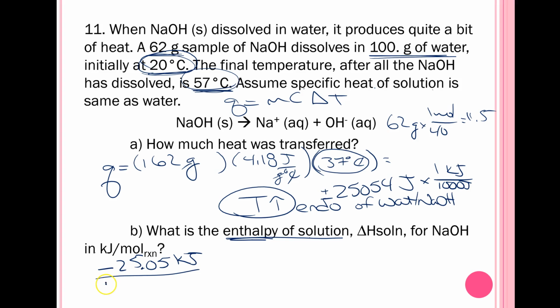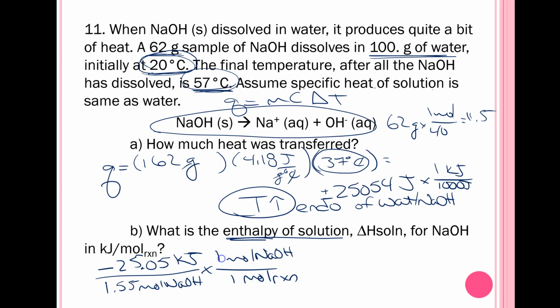Yeah, 1.55, 1.55 moles NaOH. I need to change it from moles of NaOH to moles of reaction. 1 mole of reaction in this balanced equation has 1 NaOH equals negative 16.2 kilojoules per mole of reaction.